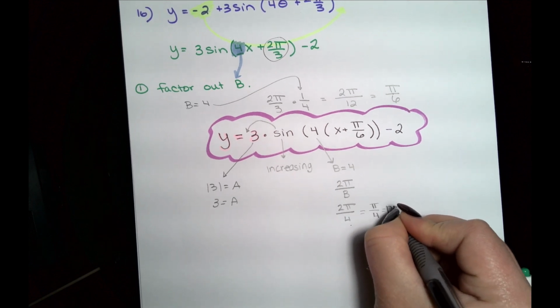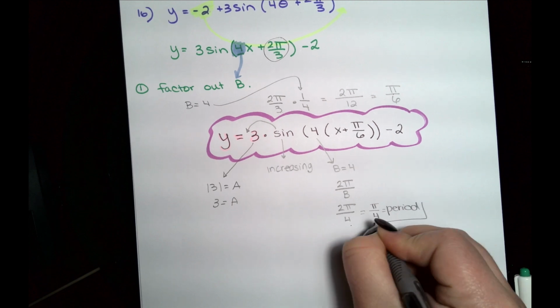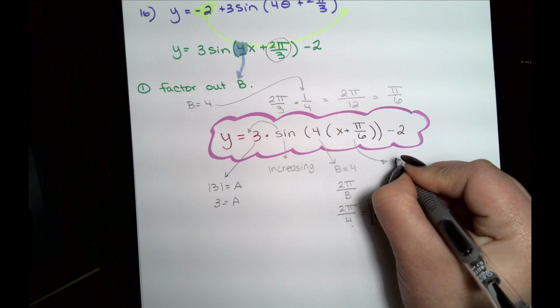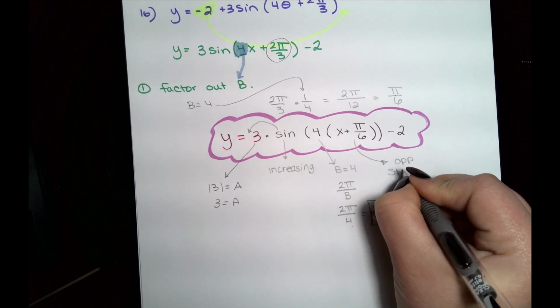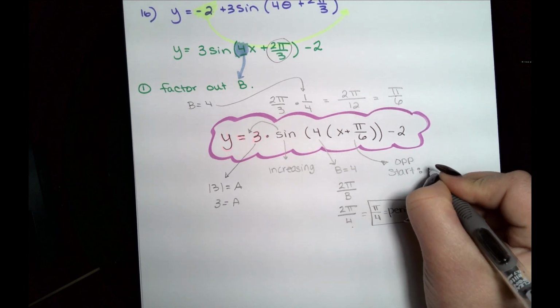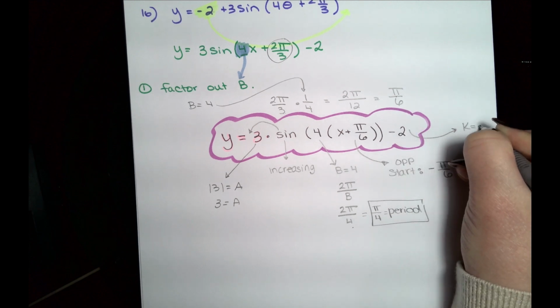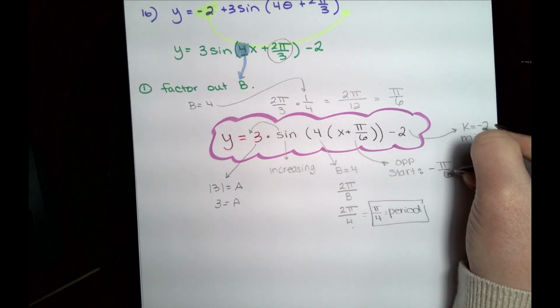This is period. This h value that we found is going to be opposite of what we see. This is our start, and our start is negative pi 6. Our k value is our midline.